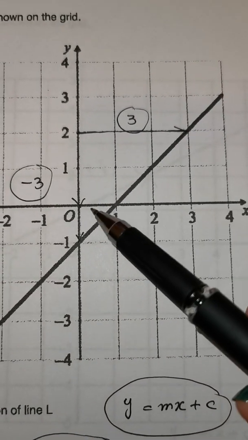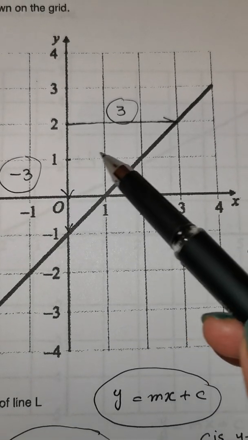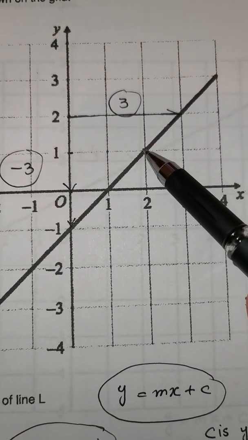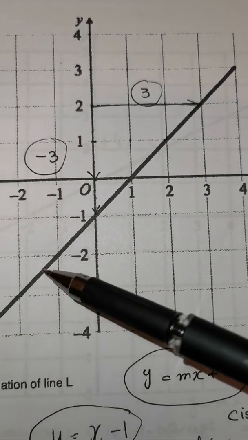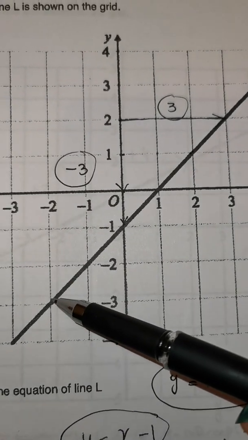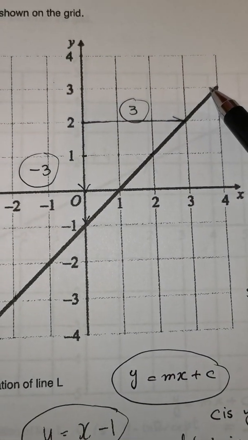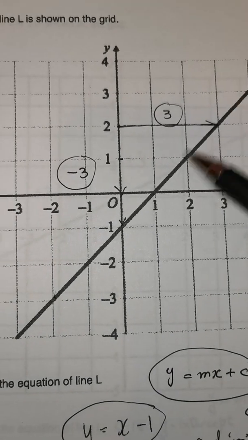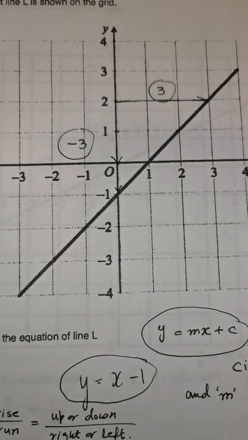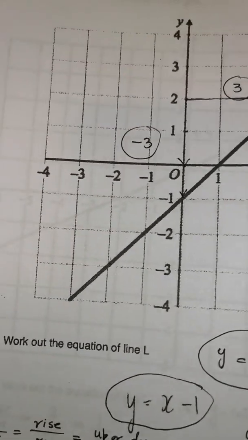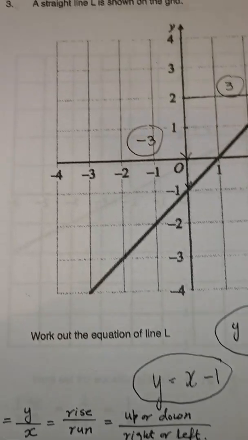It depends on you which triangle you make. Some people will take the triangle from this point going all the way up and across. Whatever triangle you make, all triangles will give you the same value of gradient, right? You have to keep this in mind.